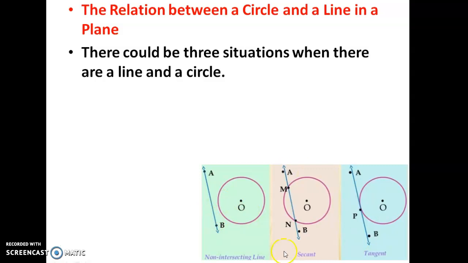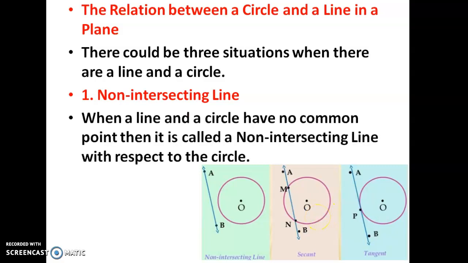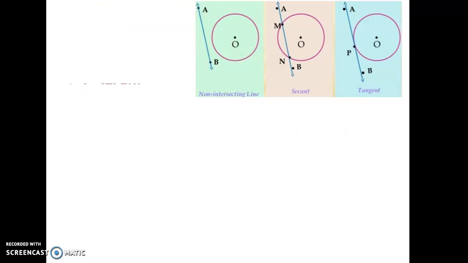Next one is secant, but let me first explain the non-intersecting line. When a line and a circle have no common point, it is a non-intersecting line with respect to the circle. There is no common point; they don't touch each other.